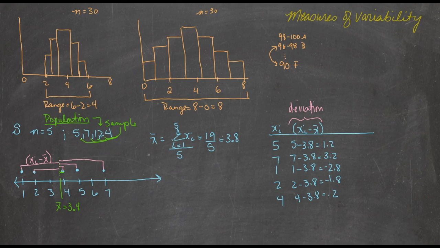So when I start looking at the quality of my experiment, the measure of variability in my experiment, I can certainly figure out the range. My smallest number is 1, my biggest number is 7, and so the range is 7 minus 1 equals 6. And that tells me that the measurements in my sample, from the smallest value to the largest value, are within 6 units of each other. Useful, not complete, but definitely useful.